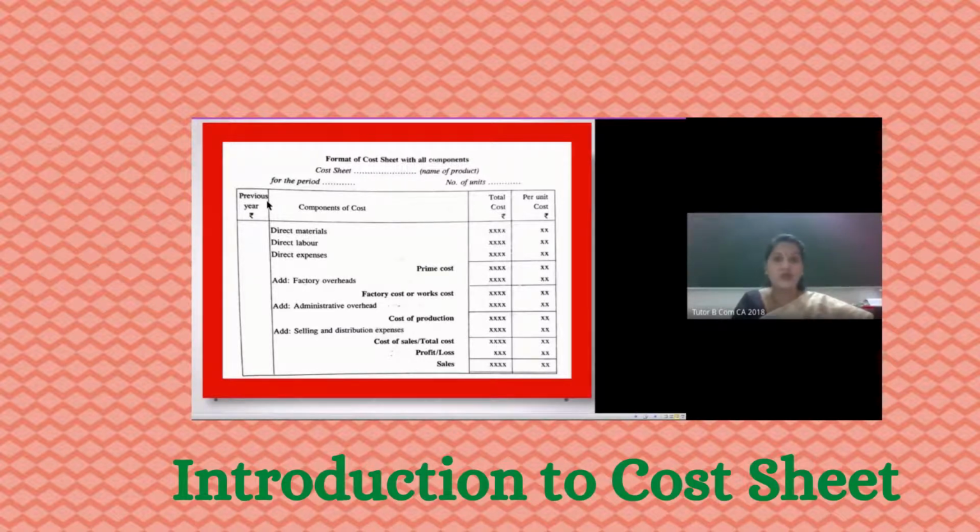But of course, those expenses are also incurred by the firm, maybe insurance for your office premises. That's not directly related with the production process, but that is needed for you. So that is why that category of expenses will be brought under administrative overhead. And once you add all that, you will get the total cost, I mean, the cost of production.